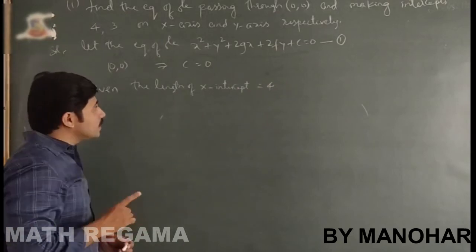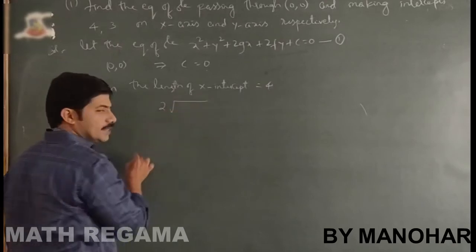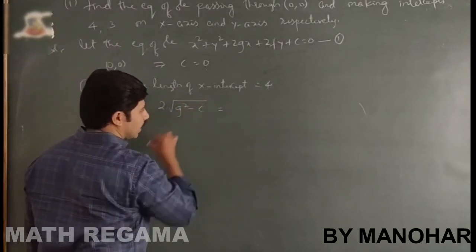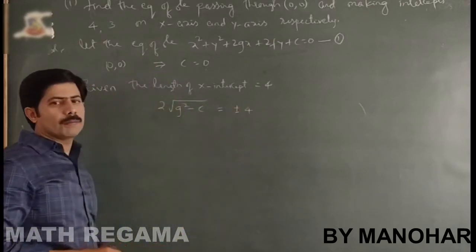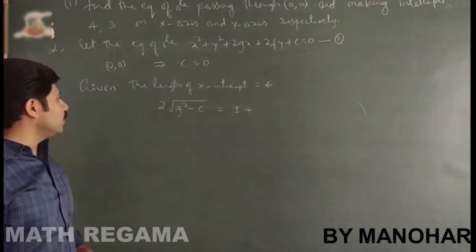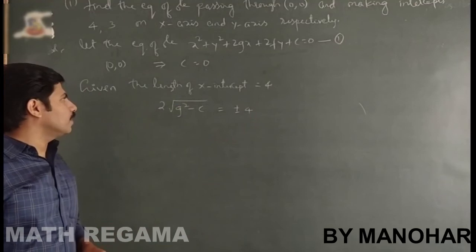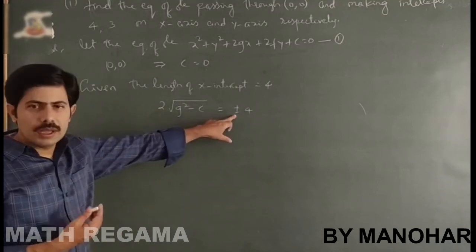So what is length of x-intercept given? It is given by the formula 2 into under root of g square minus c is equal to plus or minus 4. See, what is length of x-intercept given? 4. That means 2 into under root of g square minus c is equal to plus or minus 4.